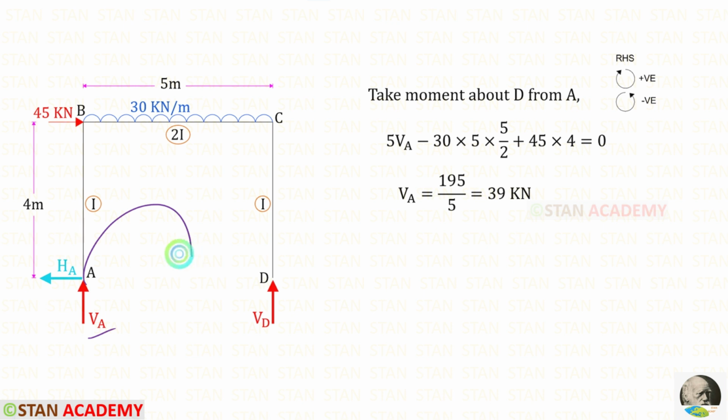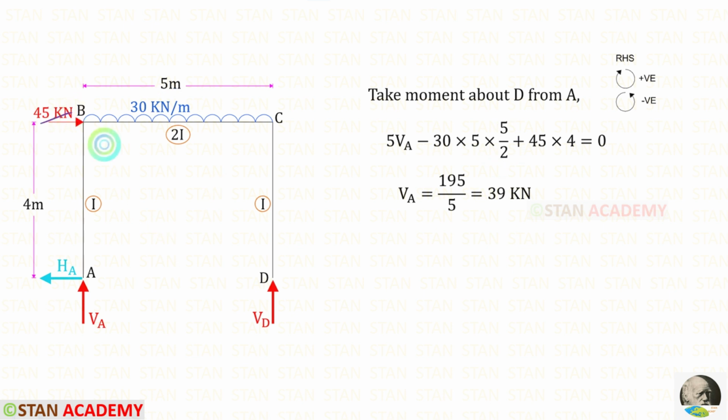VA is acting in the clockwise direction, so it will be positive, and the distance is 5. So 5 VA. This load is acting in the anticlockwise direction, so it will be negative, and the distance is 5. We know that with the UDL we have to multiply the distance and then the distance by 2.